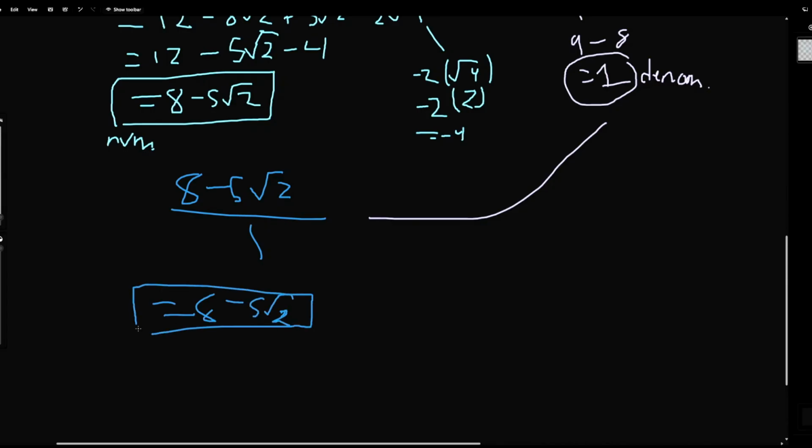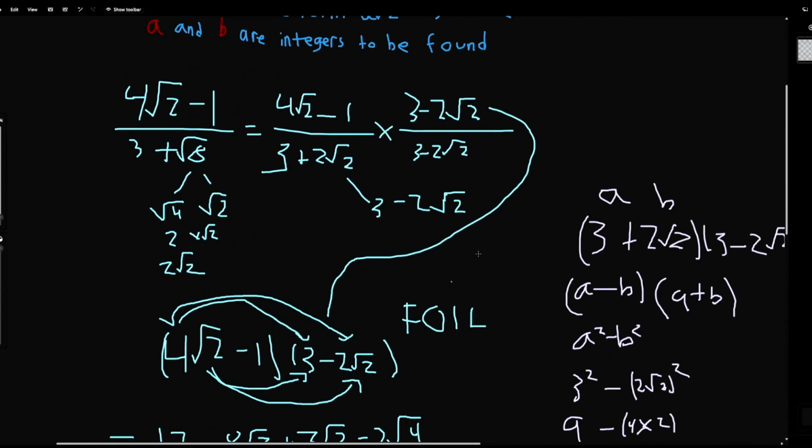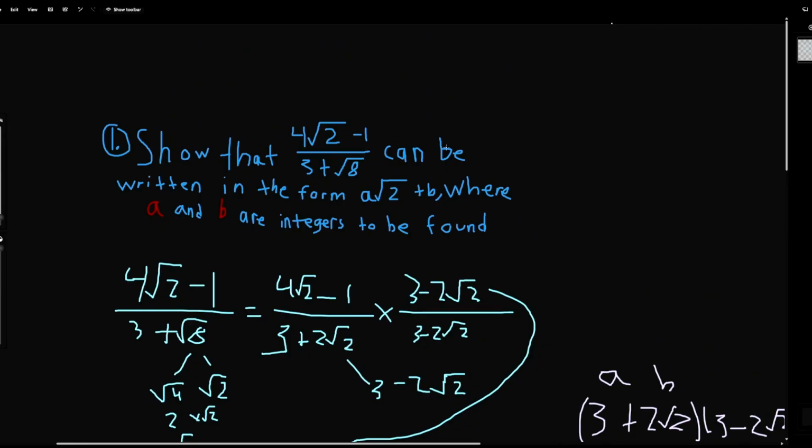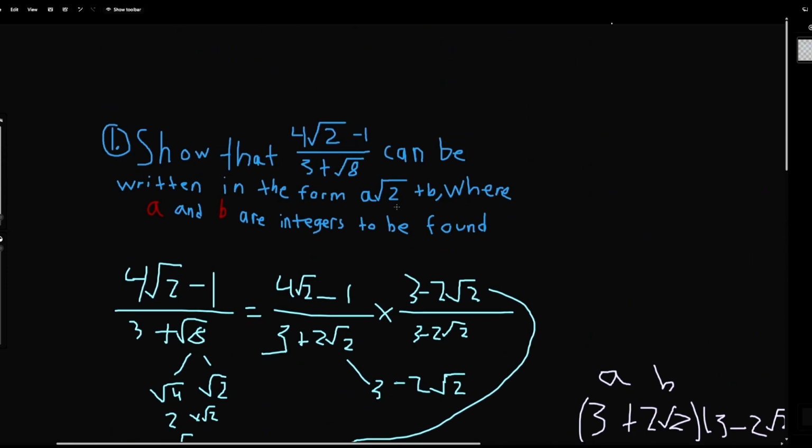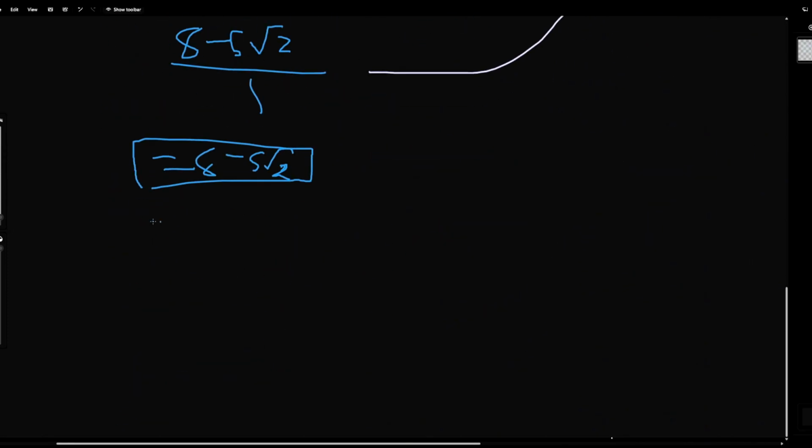In a real problem, we always have to do the denominator too, but our final answer can be written in the form a√2 + b, where a and b are integers to be found. So if we just rearrange this, it was negative 5√2 plus 8. So in this case, a is negative 5, b is positive 8.